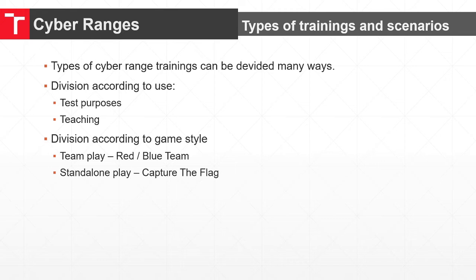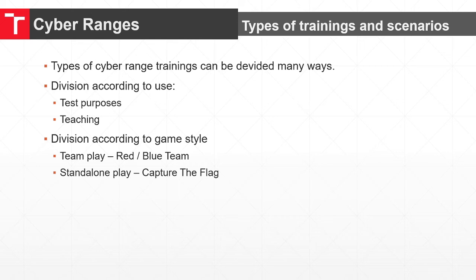Division according to the player's game style is based on the difference whether the player plays alone or as a team player. If he plays alone, the game is called Capture the Flag, where the player's task is to search for flags. In the case of a correctly entered flag, the game continues, otherwise players can use hints.